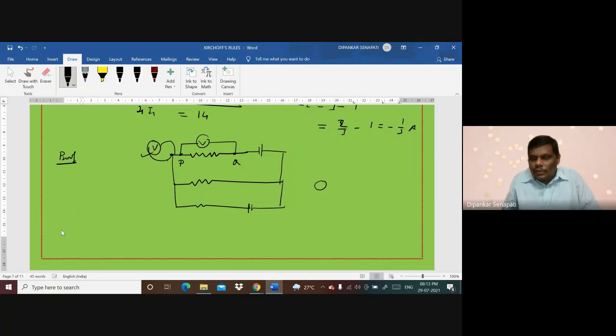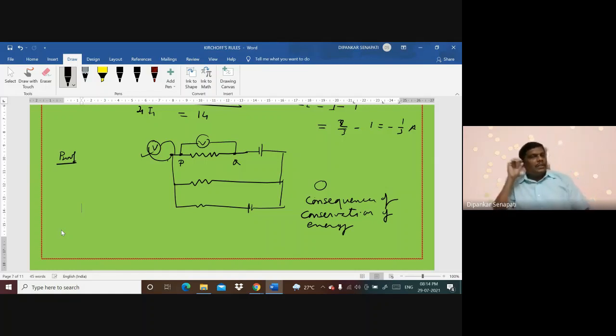Therefore we can write that Kirchhoff's second law is the consequence of conservation of energy.